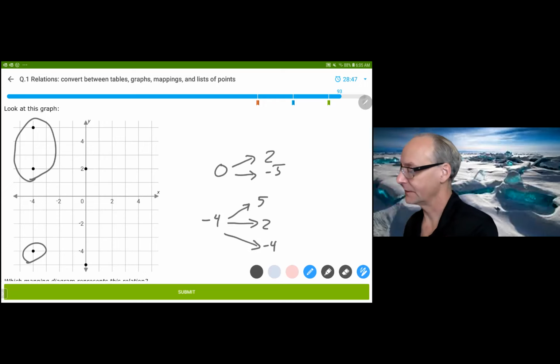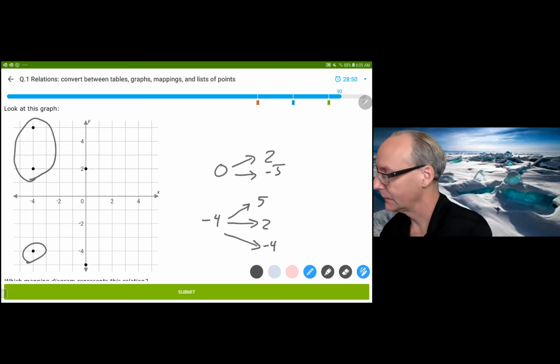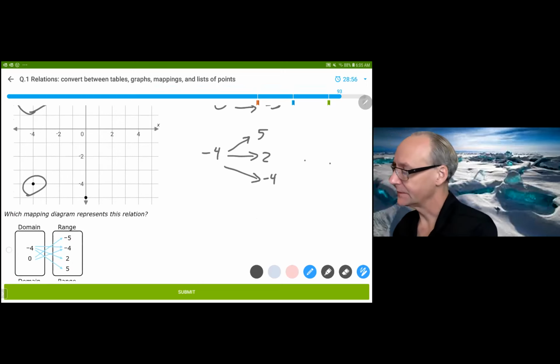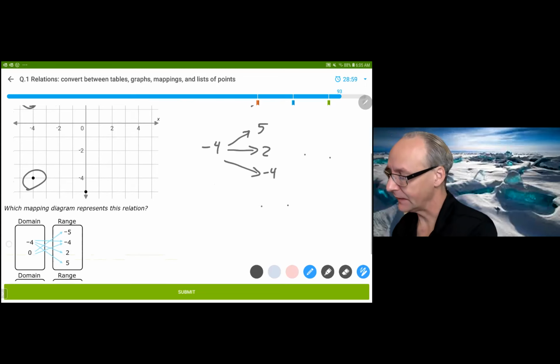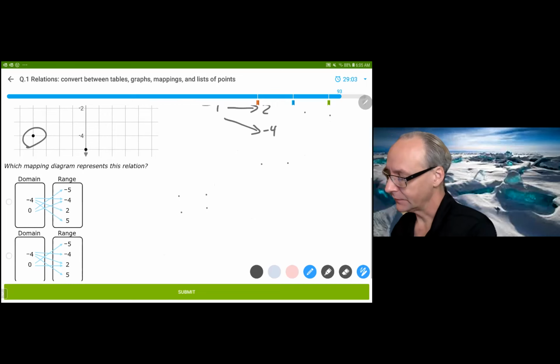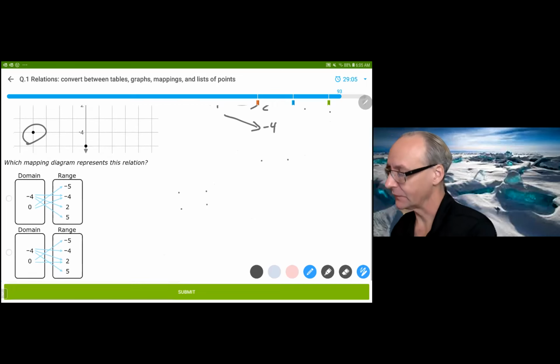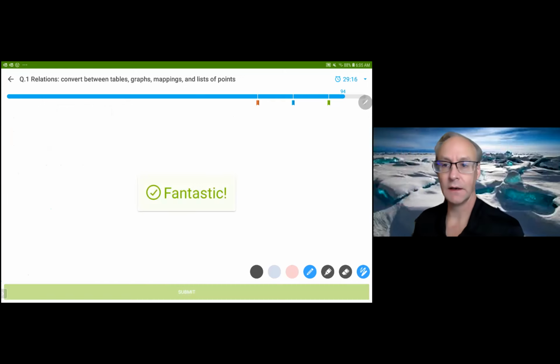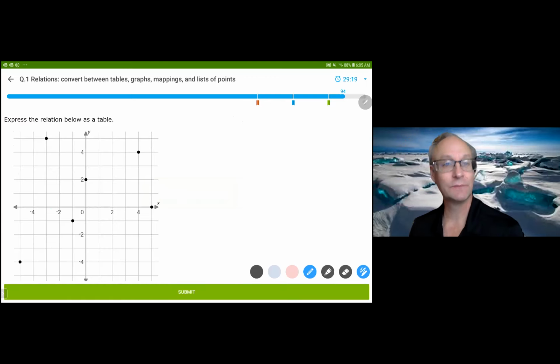So this is definitely not a function. It's not that first one. 0 is going to 2 and negative 5, and negative 4 is going to all 3 of those. Yep, looks like it's the second one there. By the way, the domain are all the x values, and the range are all the y values. It's called a set of x values and a set of y values.